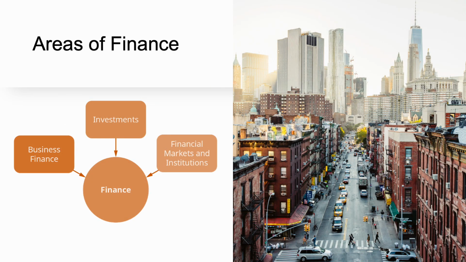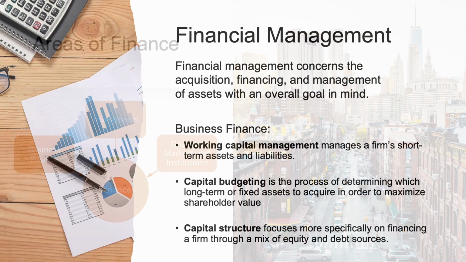We can think of finance as three interrelated areas. Business finance, which focuses on the financial management of a company. Investments, which focuses on different financial assets and portfolio theory, and financial markets and institutions, which focuses on the market mechanisms, the firms, the different regulatory agencies, and other players that make up our financial system.